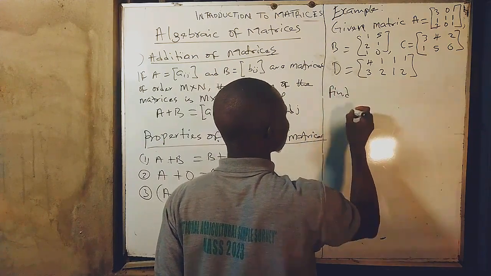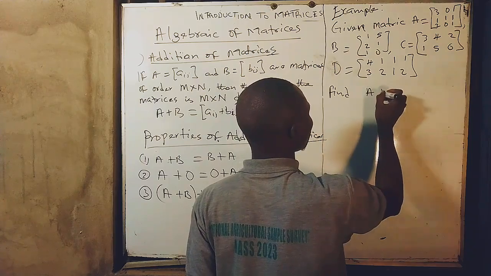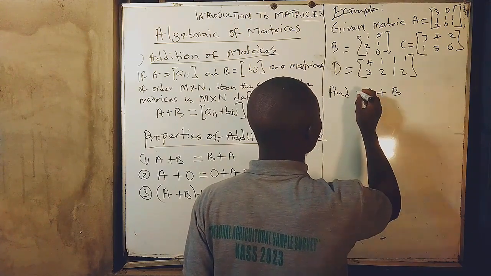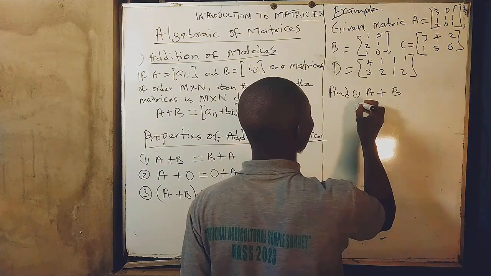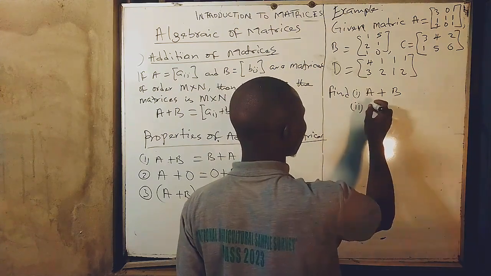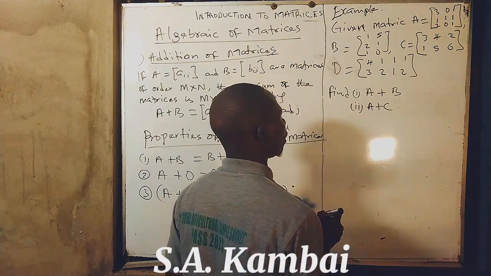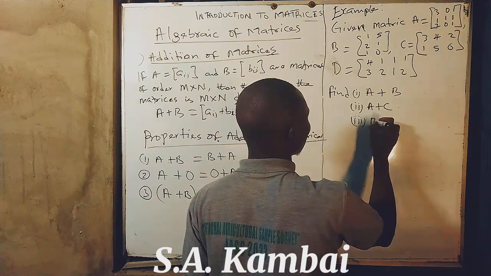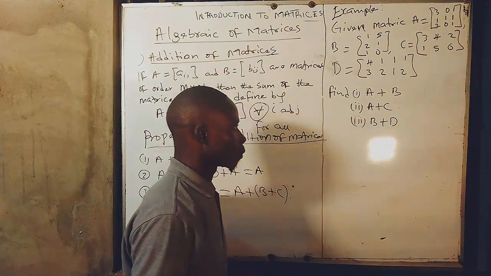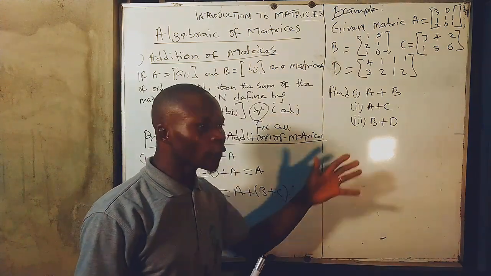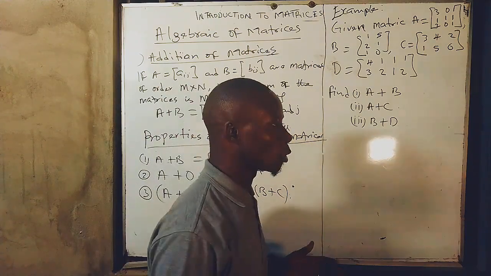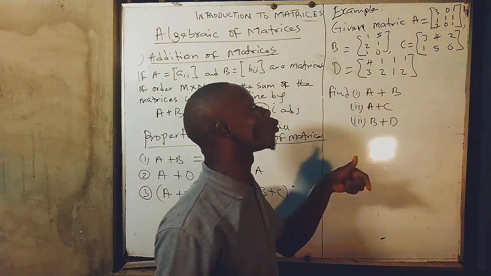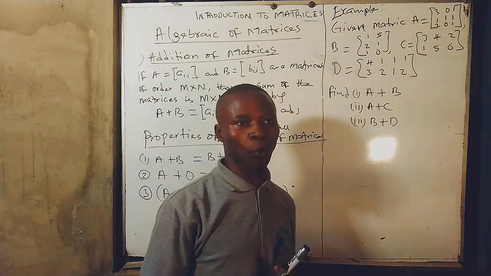Find: Roman numeral 1, A plus B; Roman numeral 2, A plus C; and then B plus D. So we want to solve these problems on addition, and also check whether it is possible to add or not possible to add.